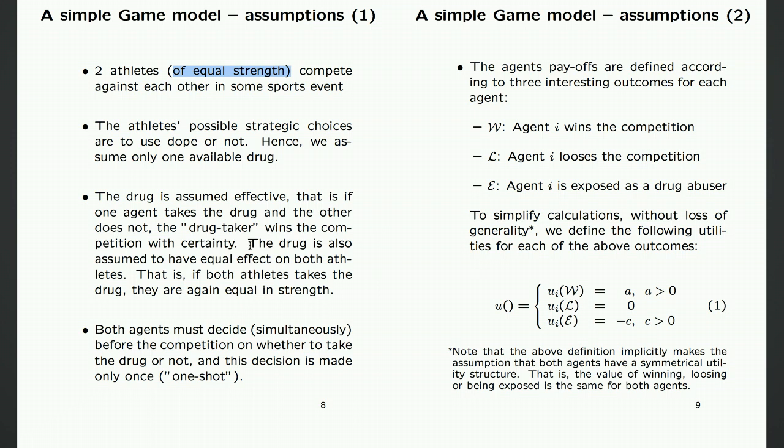If these 2 guys are clones, then of course it should have the same effect, shouldn't it? So, a result of this assumption is that if both athletes take the drug, then again they are equal in strength. The drug has the same effect on both of them. They are originally the same, and of course they get the same. So there's a probability of a half for any of them winning.